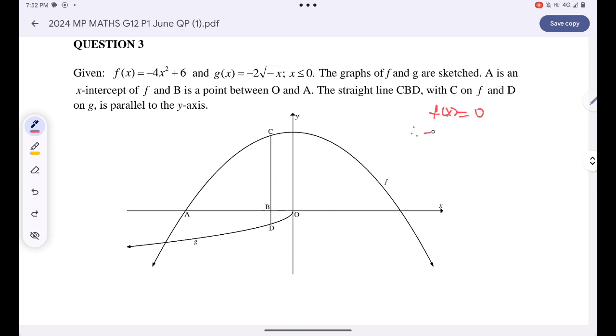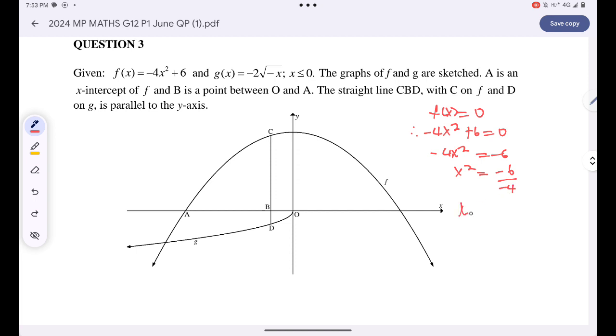So therefore, I'll simply have negative 4x squared plus 6 is equal to 0, and hence negative 4x squared is equal to negative 6. Therefore, x squared is equal to negative 6 divided by negative 4.